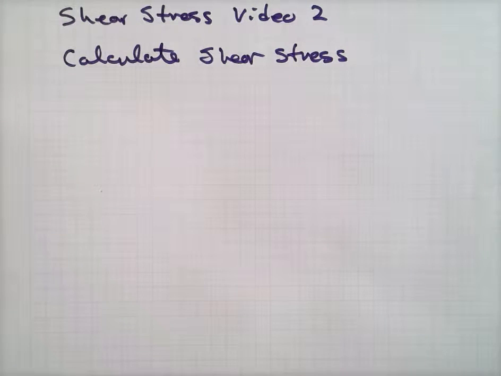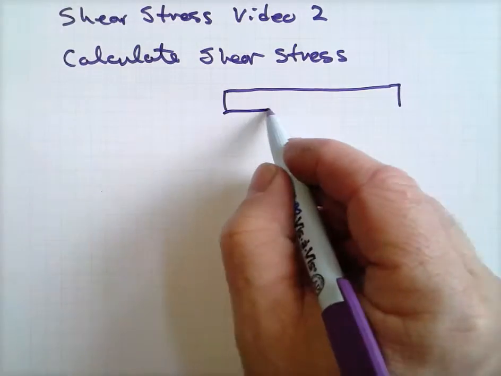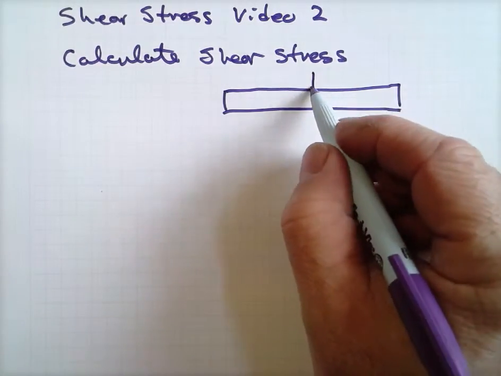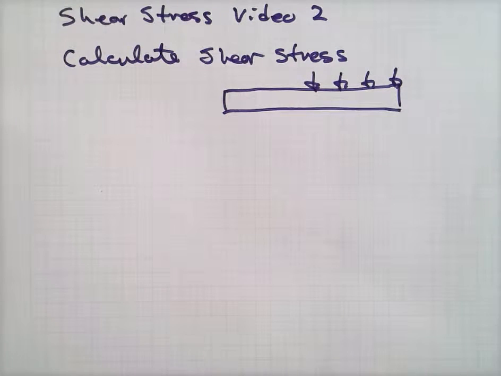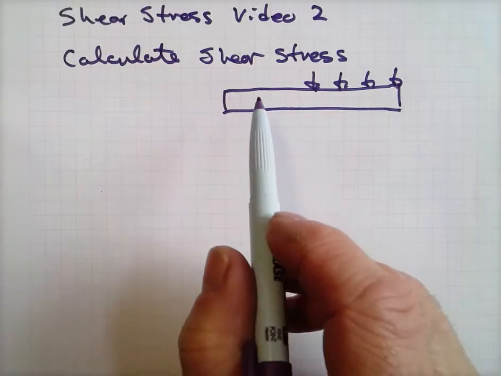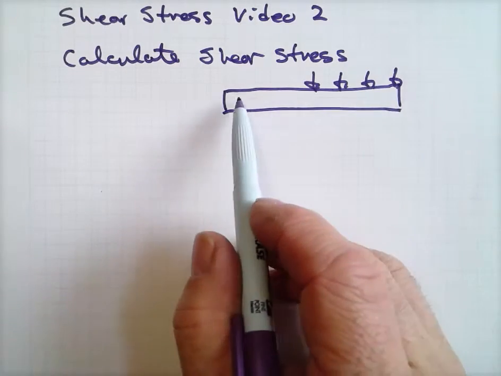As a reminder from our previous videos, if you have a beam that's loaded in any which way, and you want to find the shear stress in that beam, there are two things you have to choose. One is, where along the beam do you want to calculate the shear stress?